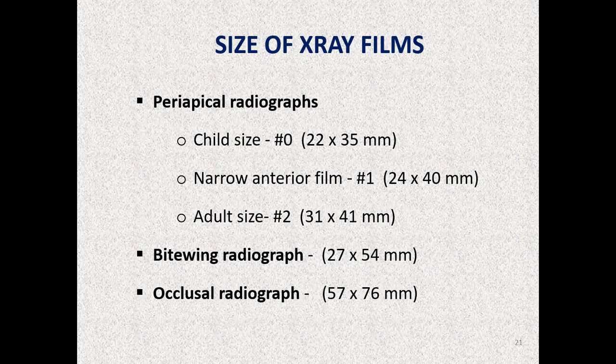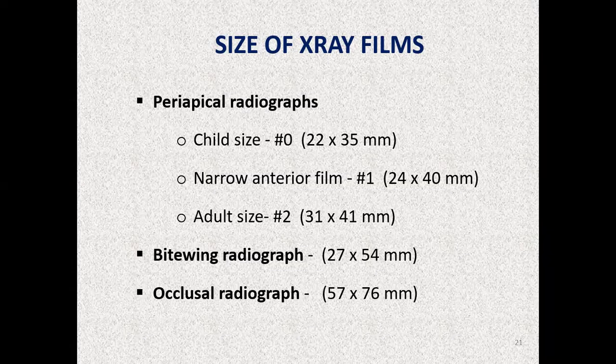Size 1 film is used for the narrow anterior region, and the measurement is 24 by 40 mm. And we usually use the size 2 film or the adult film to record the posterior teeth, upper and lower posterior teeth, and the measurements are 31 by 41 mm.